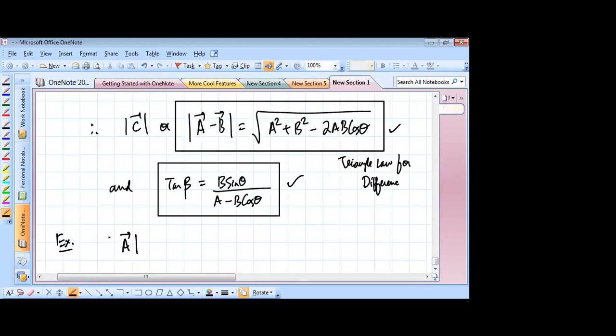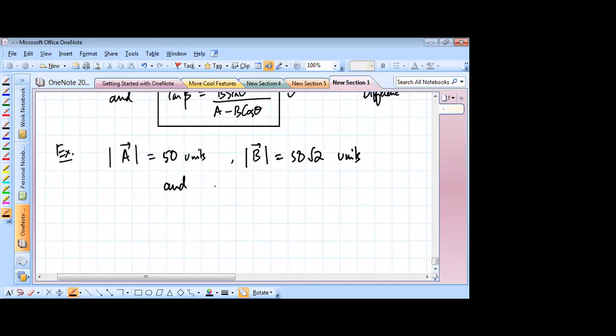Vector A has a magnitude of, let us say, 50 units, and vector B has a magnitude of 50 root 2 units, and the angle between them, theta, is in the first case 45 degrees.